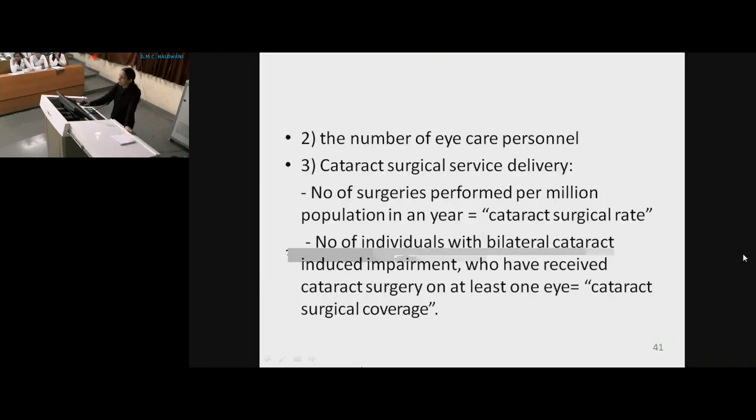The number of eye care personnel has to be increased. Cataract surgical service delivery has to be improved. So the number of surgeries performed per million population in a year, what do we call this? Cataract surgical rate. And the number of individuals with bilateral cataract induced impairment who have received cataract surgery on at least one eye is the cataract surgical coverage.